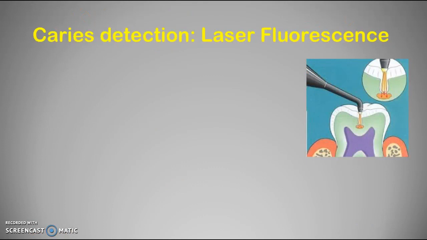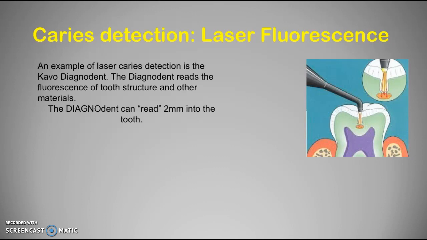So when we talk about caries detection by laser fluorescence, one of the original devices used was cavodentinogen. In order to use it, the teeth have to be dry and free of plaque, calculus, and stains. The way this device works is it can read 2 mm into the teeth.